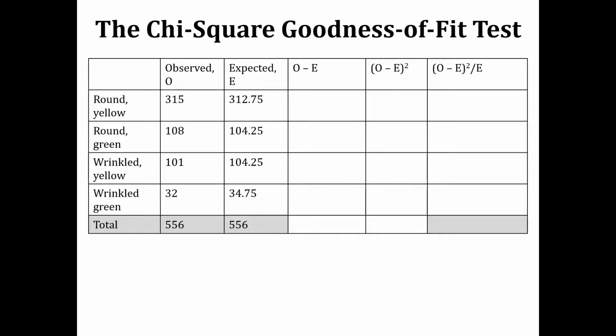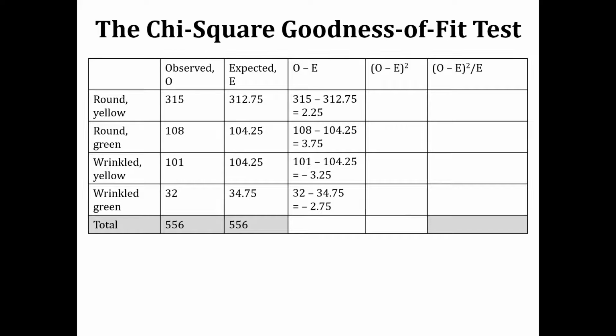And now the table for the calculation of the chi-square value. We have observed frequencies and expected frequencies; the total is the same. The next step is calculation of the difference between observed and expected frequencies. The difference for round yellow seeds is 2.25, for round green is 3.75, for wrinkled yellow is 3.25, and for wrinkled green is 2.75.